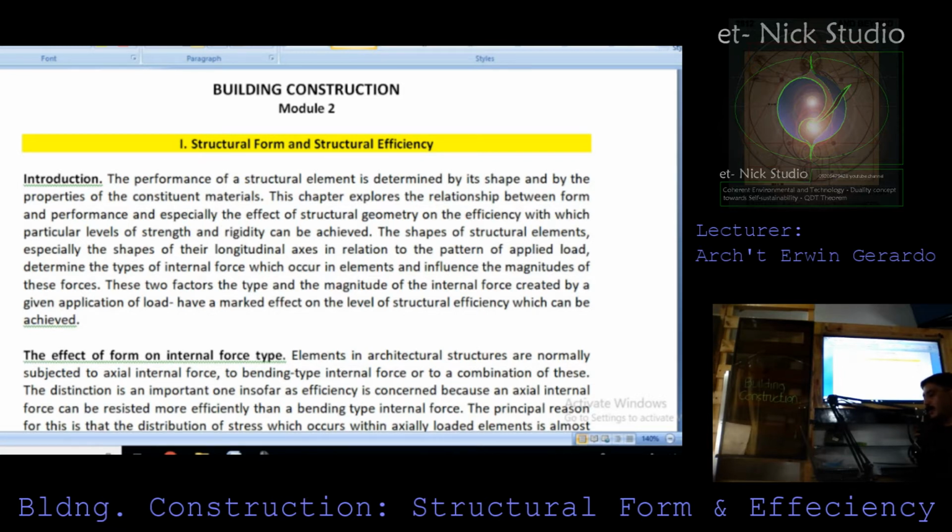These two factors, the type and magnitude of the internal force created by a given application of load, have a marked effect on the level of structural efficiency which can be achieved.